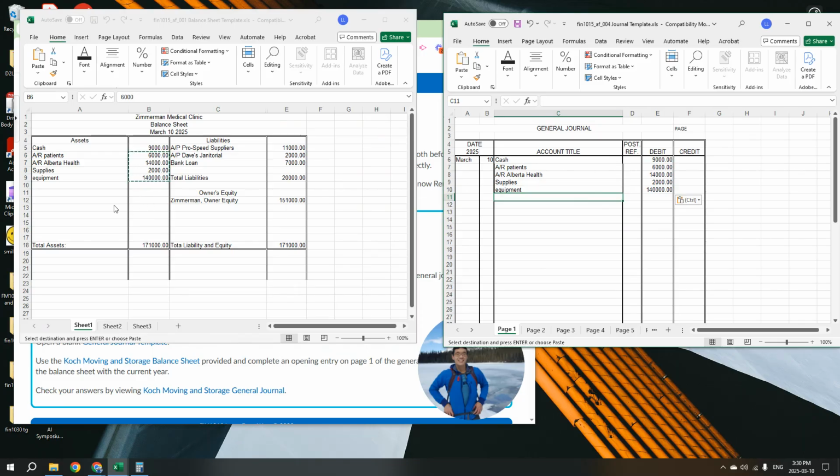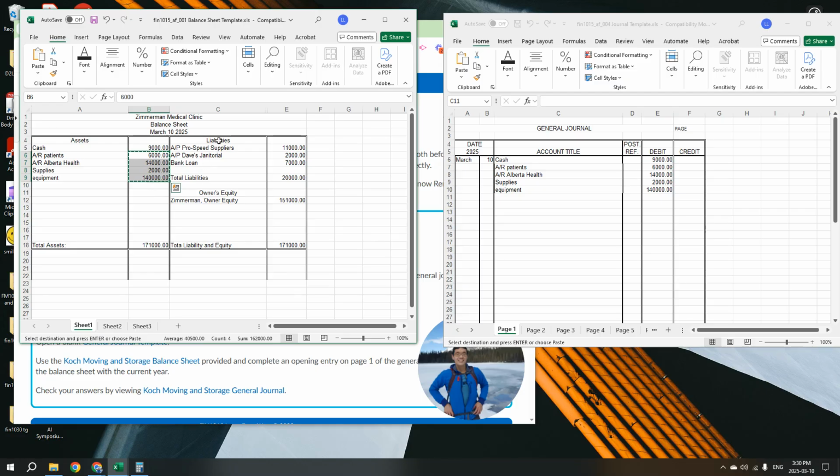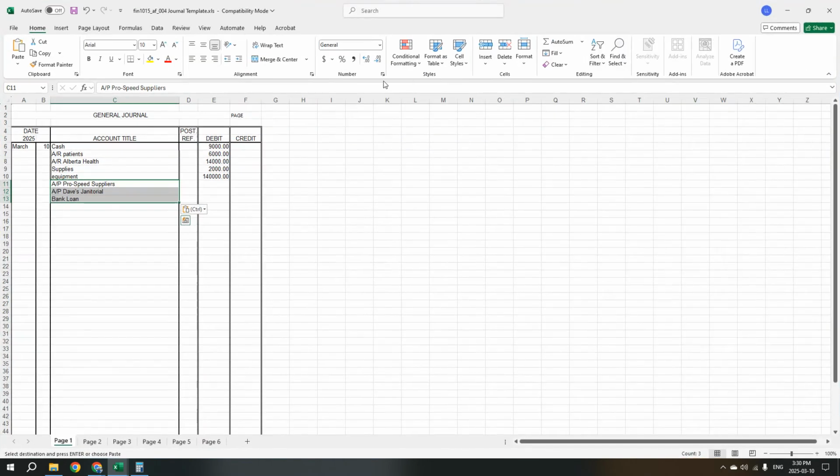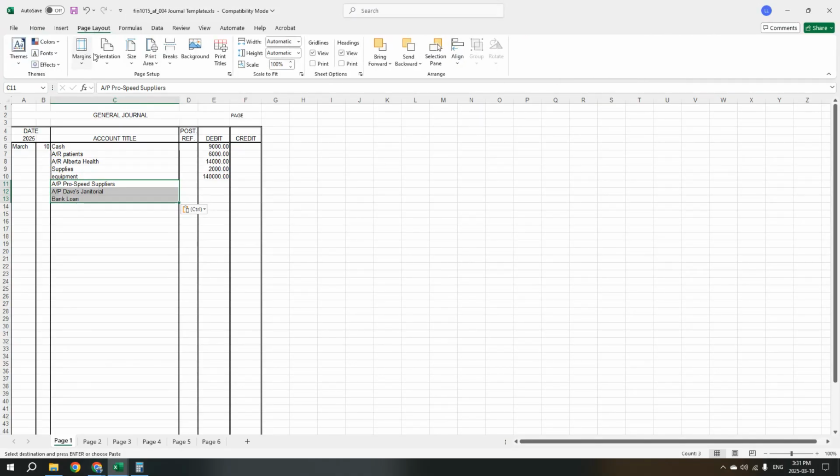All right. And then for liabilities, we have these things. We're going to copy that and paste it into here. But because these are liabilities, we're going to indent them a little bit. Where is that feature that I'm looking for?